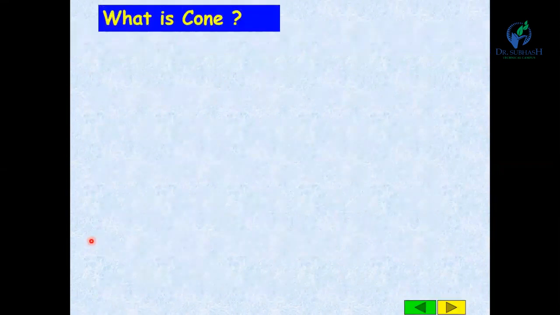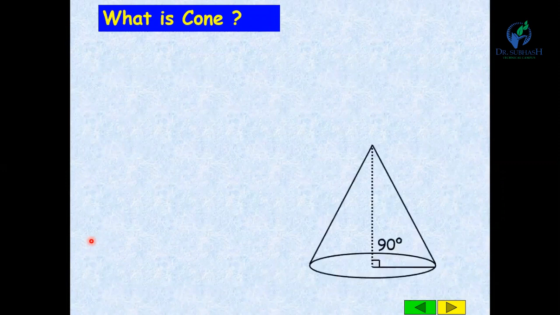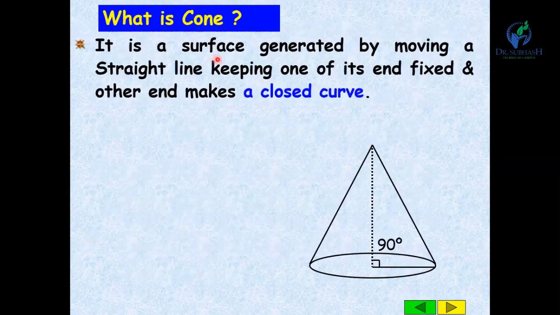what is a cone? What do you mean by cone? A cone is a surface generated by moving a straight line, keeping one of its ends fixed and the other end makes a closed curve. For example, you can see this is a curve.